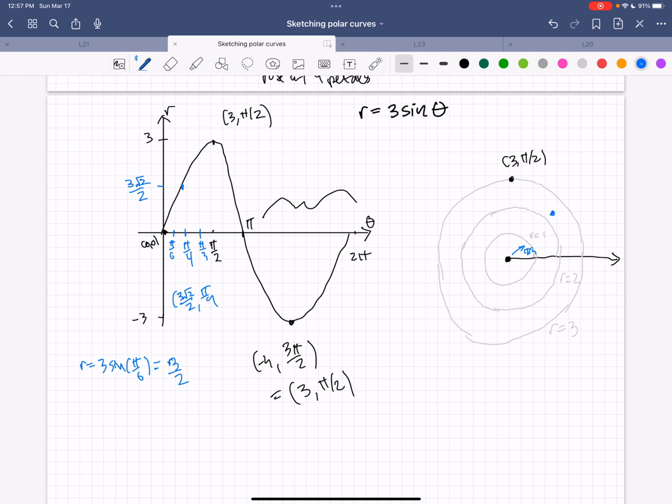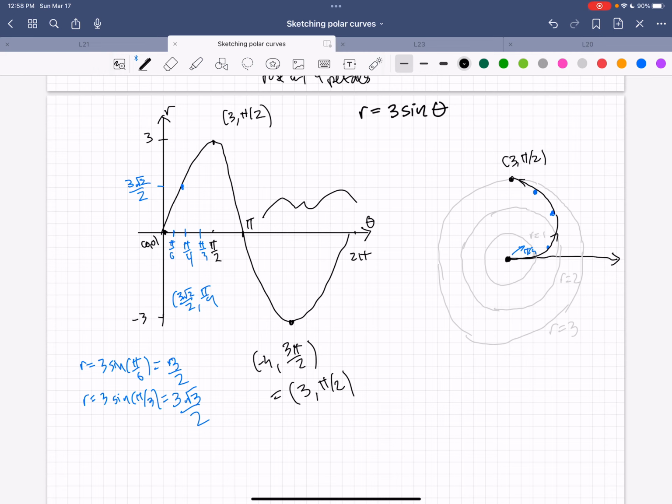So at 1.5, that would be like right here, because we're halfway between the 1 and 2 lines. And let's also do pi over 3. So that's 3 root 3 over 2, whatever that number is. It's going to be greater than root 2 over 2, so it'll be like this. So now we can see that our curve is going like that.